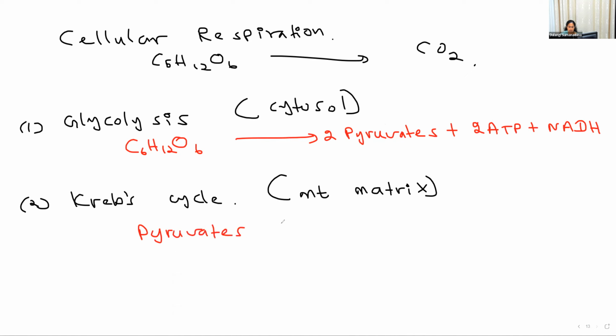And inside the matrix, we're going to break down the pyruvates until it becomes carbon dioxide. Right? This process produces again energy in all 3 states. This is what I did so far. So this is the summary. You can just put this on the wall until you remember this.